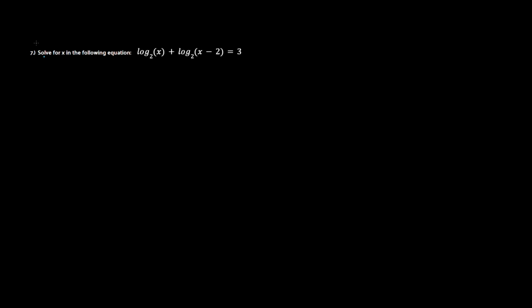Question 7. Solve for x in the following equation. So we're given the equation, and when you see the equation, your first thought should be how you can simplify this. And we can do this using the product rule.